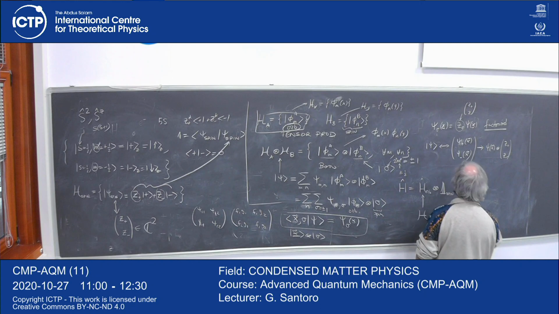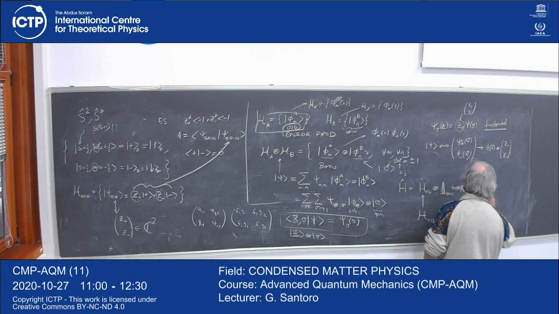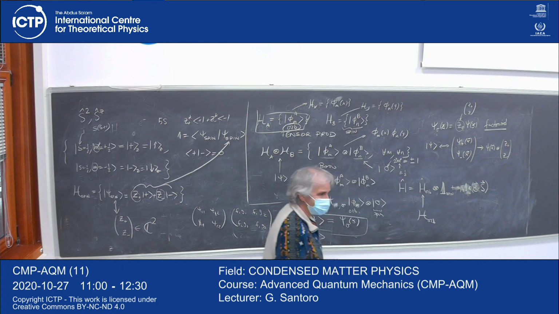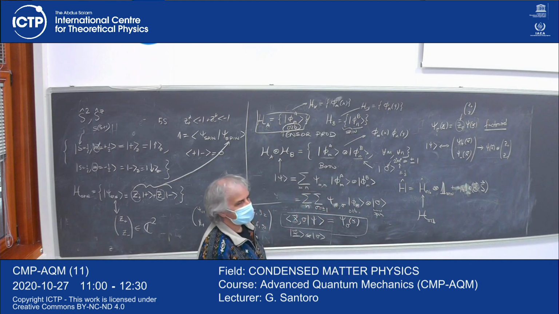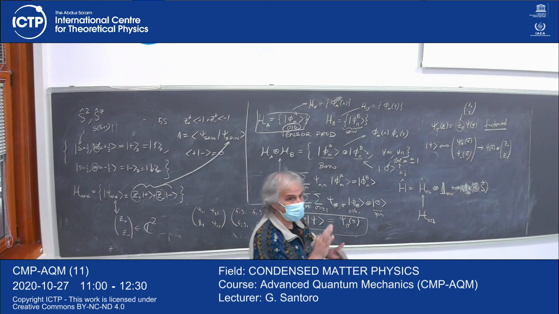So I really should write this as plus 2 UB, identity in the orbital space, times this object acting on the spin. Every time, I have an operator, I know if it acts only on the orbit, only on the spin, sometimes on both.